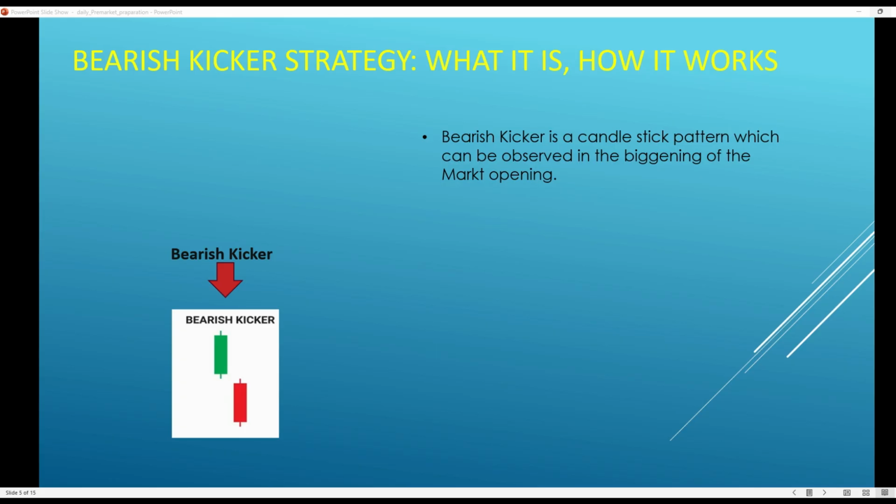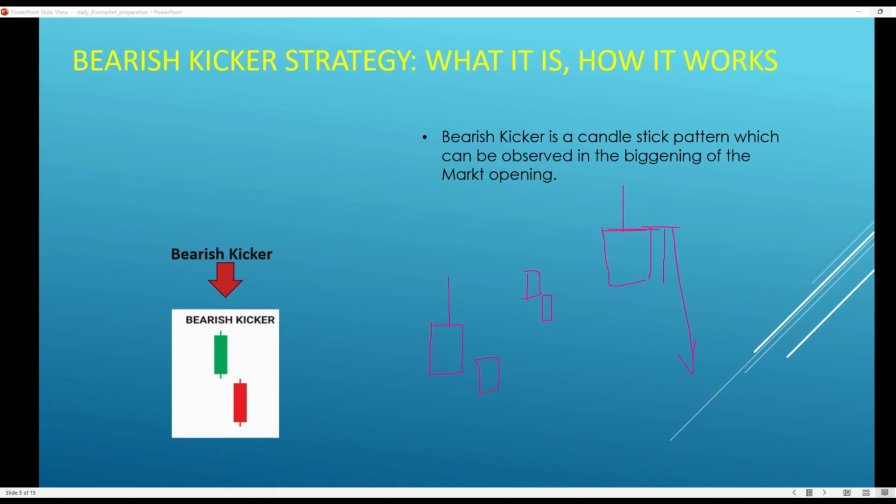In 90% of the time we can see candlesticks like this: the first green candle, then the red candle, or one small green candle and then the red candle, or it opens with a huge gap up, 6 to 7 percent, then comes as a green candle, then it falls.